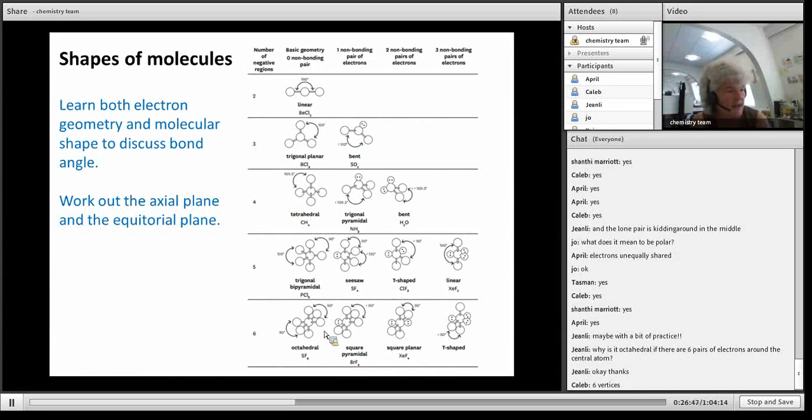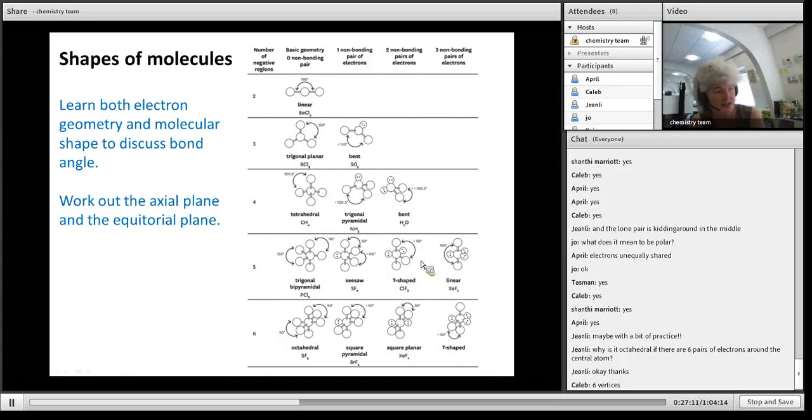So again, this is sheer learning work. So make time, do either Quizlet or flashcards or something, just to help you learn that off by heart. And then, as I say, work out the axial plane and the equatorial plane. It starts becoming important from down here. Trigonal bipyramidal, this one.